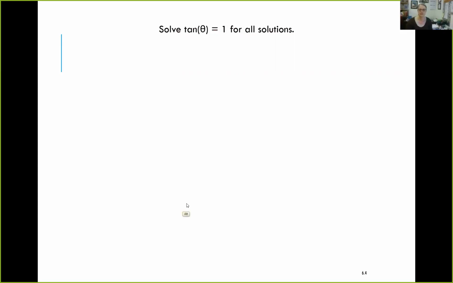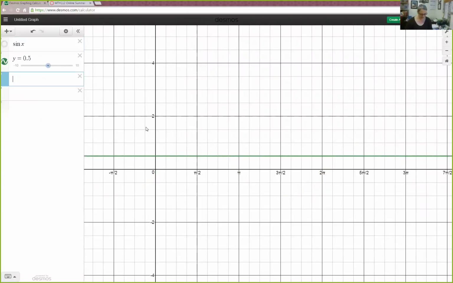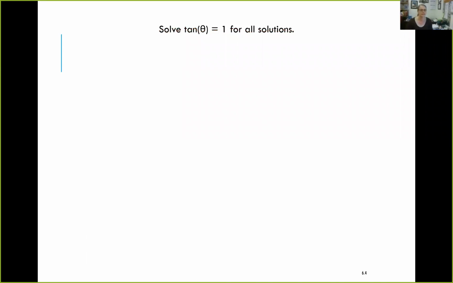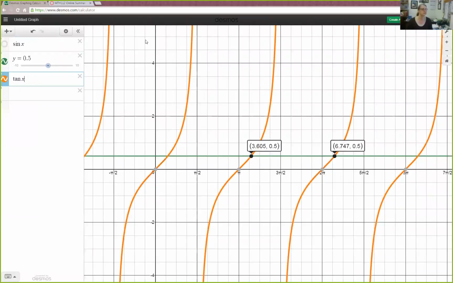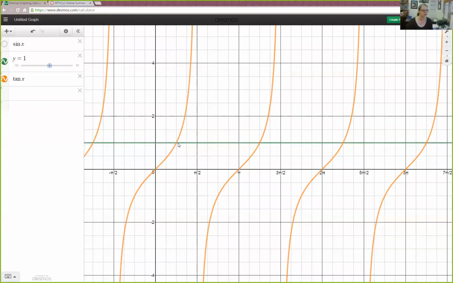So the quickest and easiest way to do this is to go to Desmos, graph tangent of x. So we're trying to find all angles for which tangent is equal to 1. So let's just put a horizontal line on at y equals 1. And you should know this one. Tangent is equal to 1 at pi over 4, 5 pi over 4, 9 pi over 4.